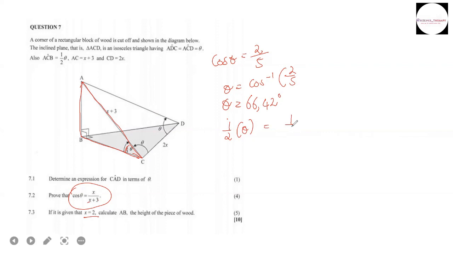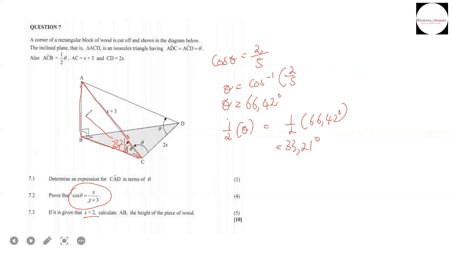Let's calculate. Half theta will be half of this, which will give us 33.21 degrees.